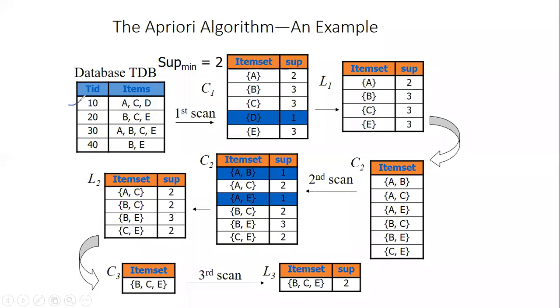Customer 1 would have purchased this, customer 2 would have purchased this, customer 3 would have purchased this, and customer 4 would have purchased this. So in each basket we have a transaction like this.